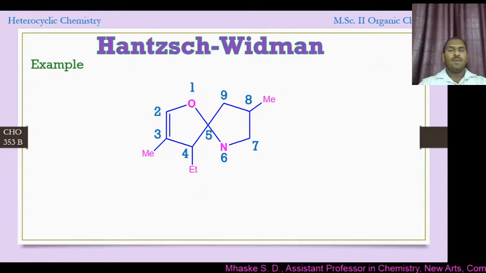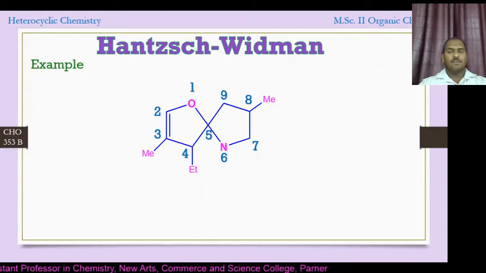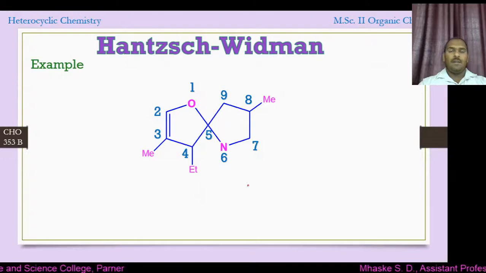Now at the first position what is present? 1-oxa, and at the 6 position nitrogen, so 6-aza. It is a spiro system, therefore spiro in square bracket 4.4 square bracket complete. There are 9 atoms, so non-2-ene, that will be the name, because 9 atoms are there and at the second position there is a double bond.